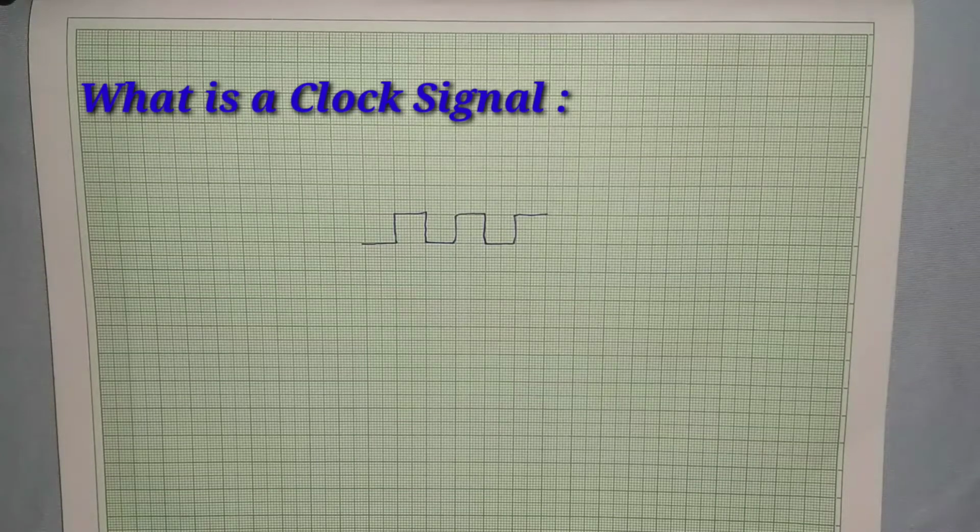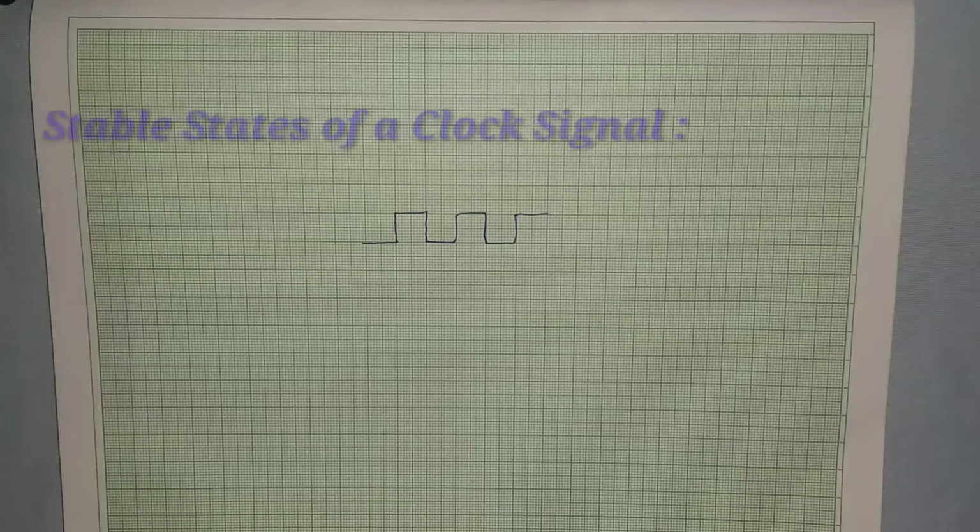Just like how we have watches and clocks in our house to tell us when to do what, in the same way digital circuits and electronics have these clock signals to tell them when to perform certain tasks, so that everything inside the circuit is in synchronization and not randomly happening anytime anyway.